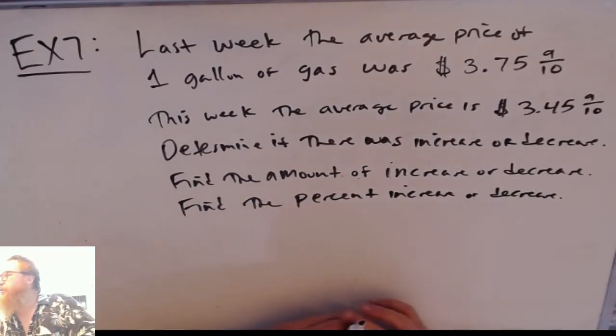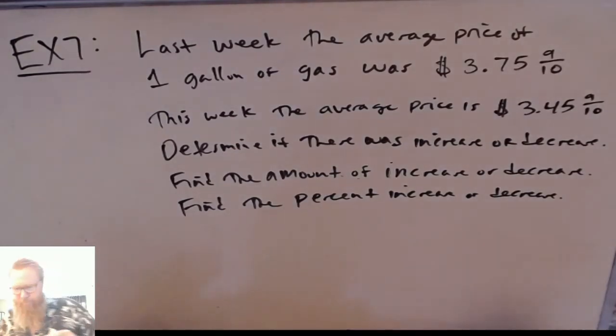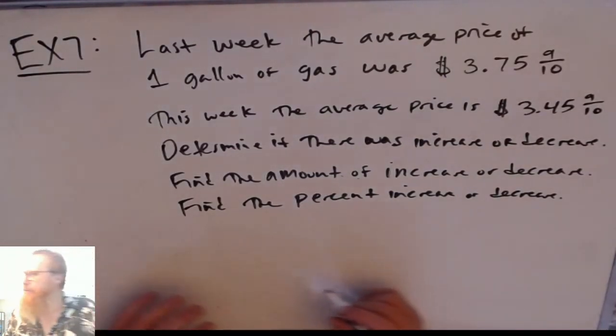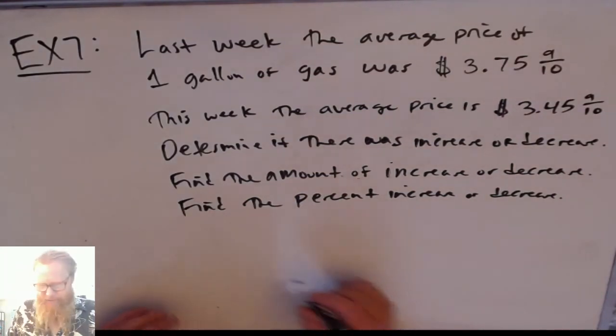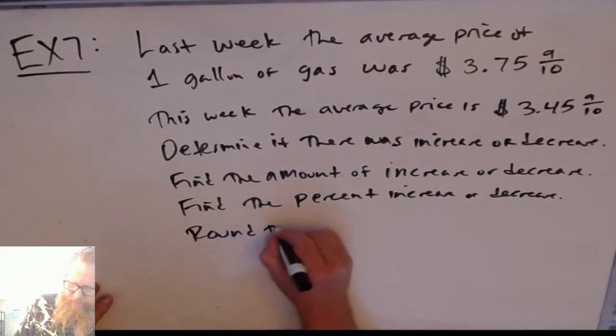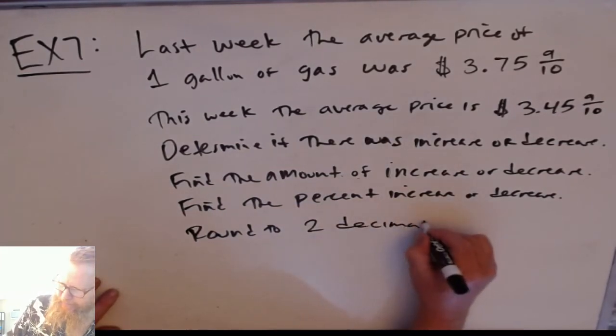I guess I got two different ways to round. Let's say round to two decimal places.